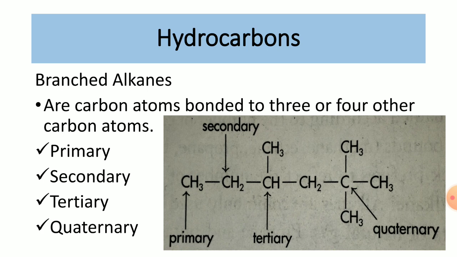And lastly, it is quaternary if it is bonded to four carbon atoms. So as we can see, the carbon is bonded to its left, to its right, above it, and below it. So that is branched alkanes.